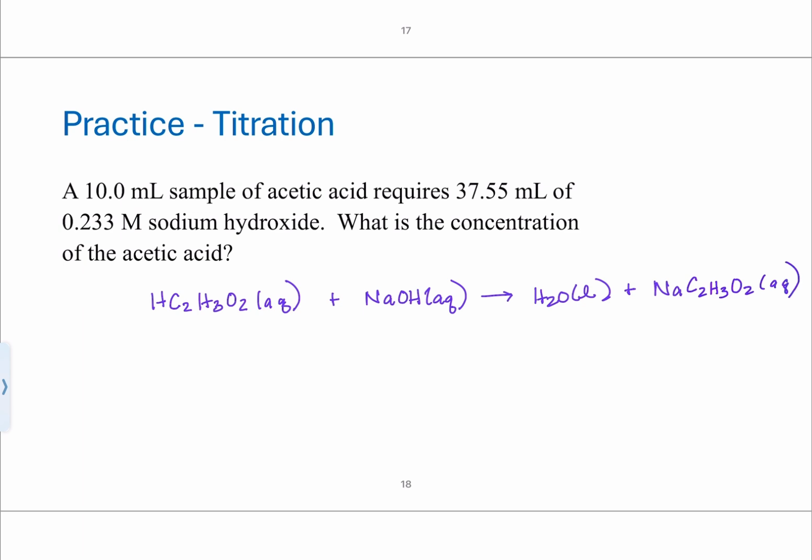We have an acid and we have a base, so you should know this is a neutralization reaction that is going to give you water and a salt. The next thing you need to make sure after you have your equation is to make sure that it's balanced. So if I look here, everything is balanced, so we don't need to do anything else.